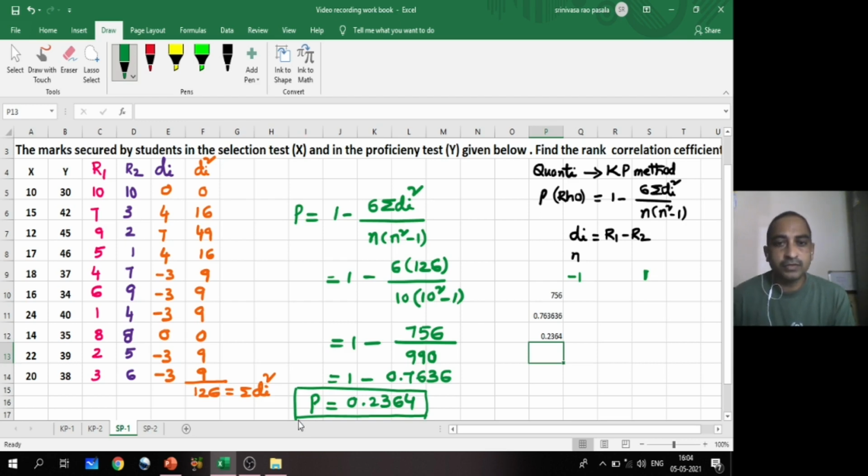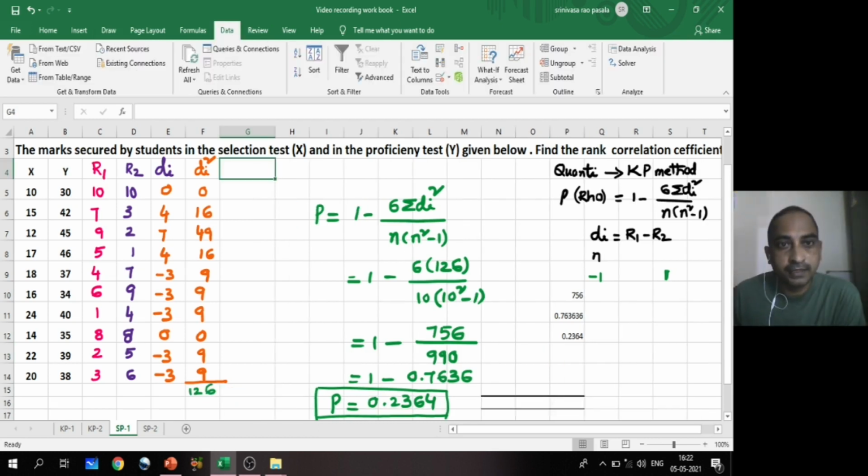If the value is nearer to 0, it tells the two variables have no correlation, right? So if you observe, 0.23 is less than 0.5. That's why we conclude that the relationship between the two variables is weak. Right? So I hope you understood.